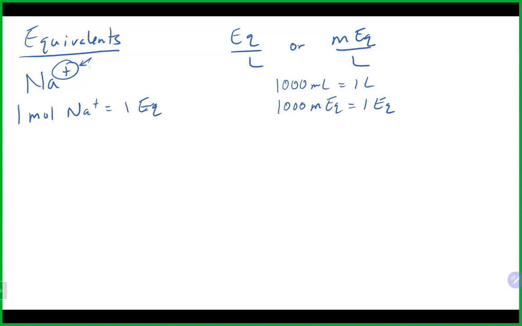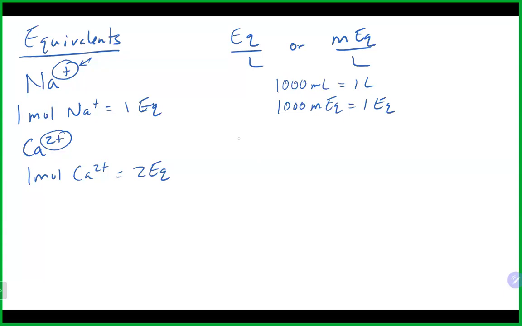The 1 equivalent comes from the +1 charge. If we had something like calcium that's +2, 1 mole of calcium ions gives us 2 equivalents. So we can use the actual charge as a conversion factor, and like I said, it doesn't matter if it's positive or negative.